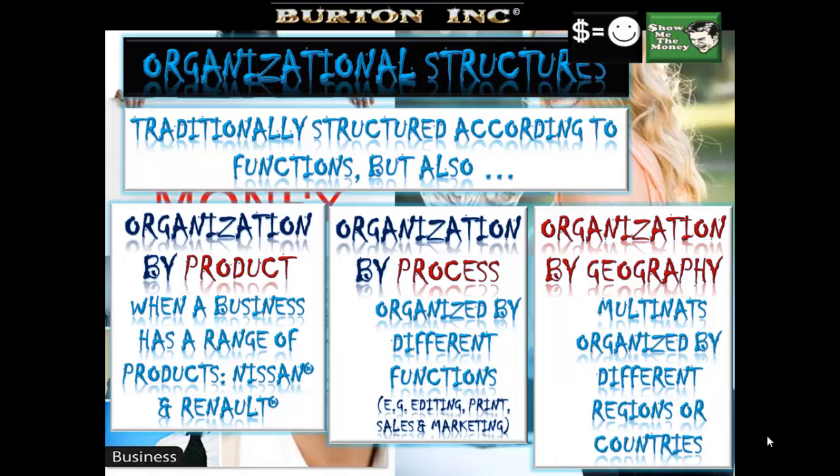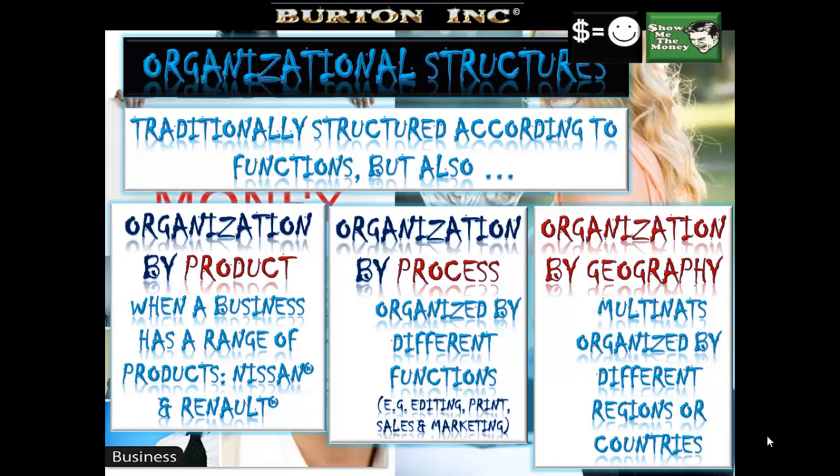So Nissan and Renault, same company, same organisation, but definitely someone would head up the Nissan division and somebody would be heading up the Renault division, with chains coming and different levels of hierarchy within each of those departments.